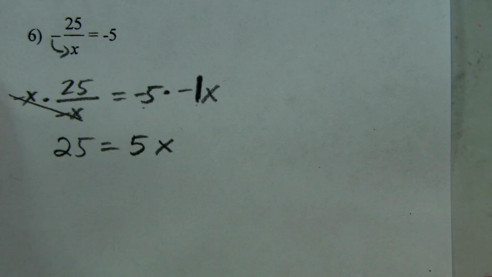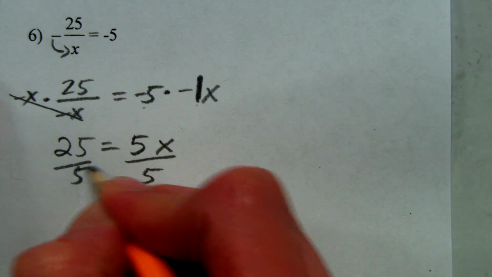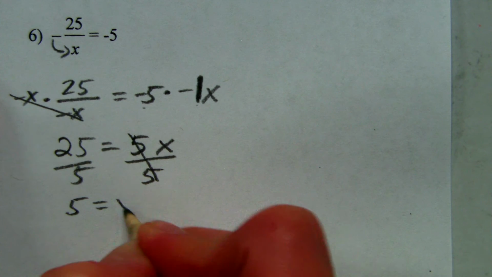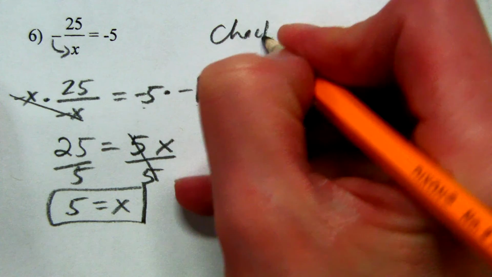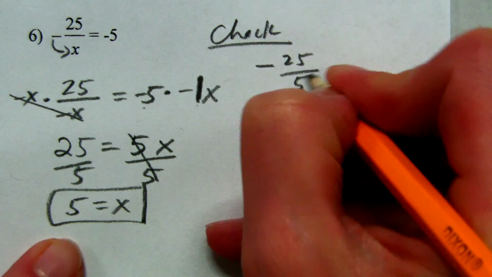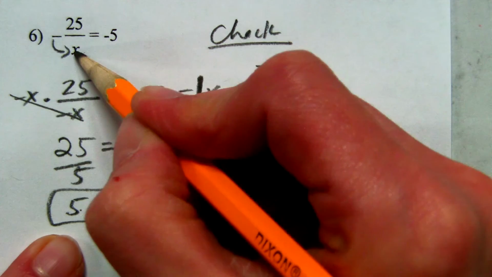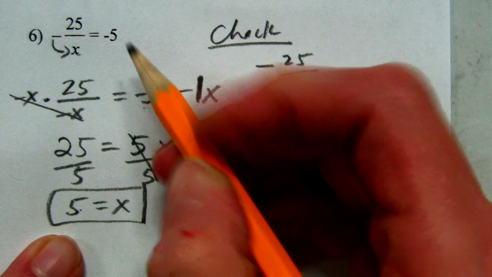So we have 5x. And to get x by itself, we divide by 5, and we get 5. And then you could check this by having negative 25 over 5. If I put 5 in for x right there, that would give me negative 5, which is what I wanted.